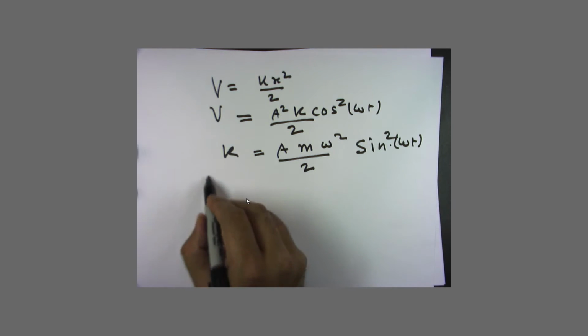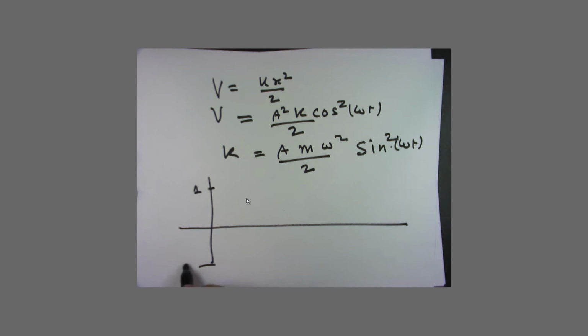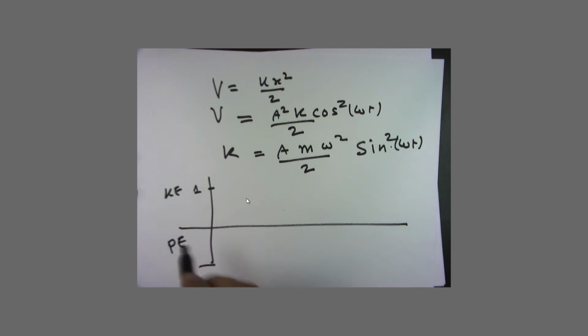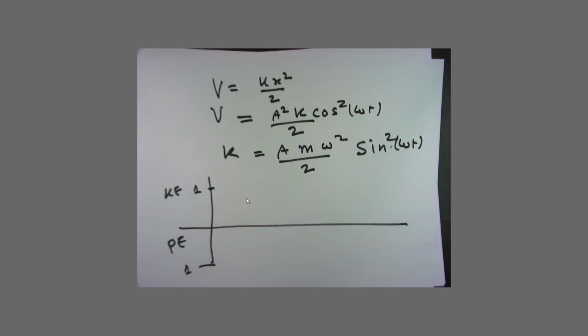Now you can see the behavior. If this is 1 and this is 1, and we are looking at kinetic energy and potential energy, then the potential energy starts at 1, and then we look at the other part of it.